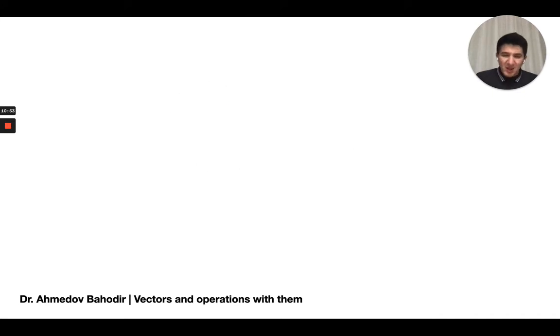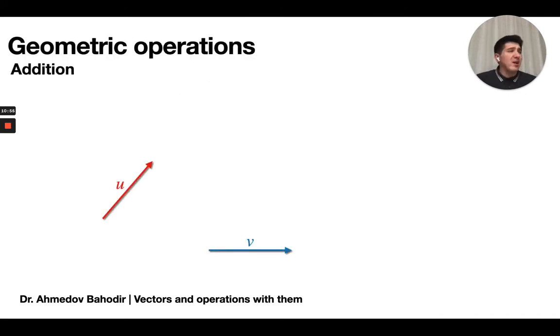So in this regard, it is really important for us now to understand how to do the vector operations geometrically. Do you remember in the beginning, I was interested to know how two vectors are going to sum up geometrically, right? So I can give you a small example. Let's say you've got some object and you are moving this object to the right with some force, let's say with a magnitude of 2 newtons, and you are moving this object up with another force, F2, with the magnitude of 1 newton.